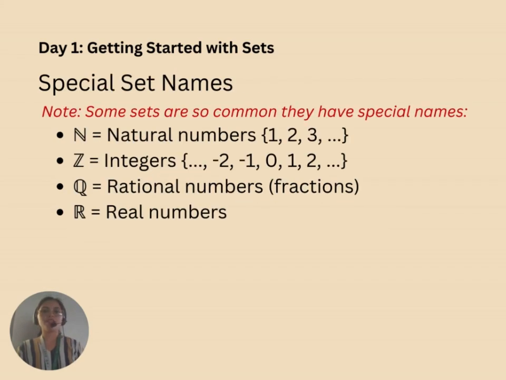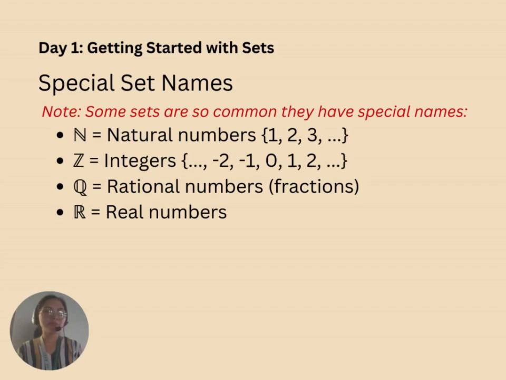So here are the special set names. Let's note that some sets are so common that they have special names. First symbol is for the natural numbers. Those are 1, 2, 3, and so on to infinity. Zero is not included in the natural numbers.